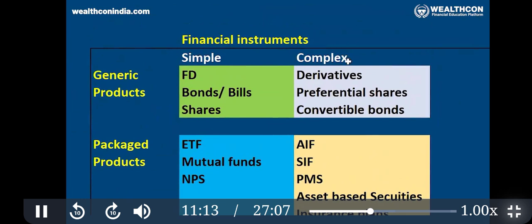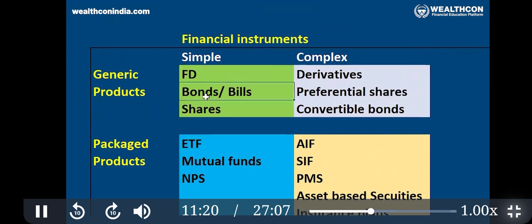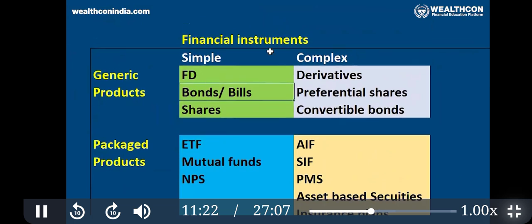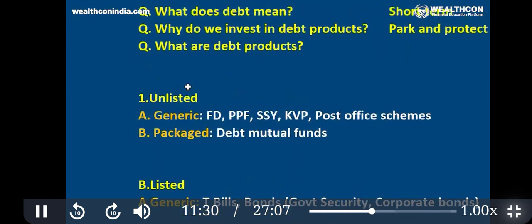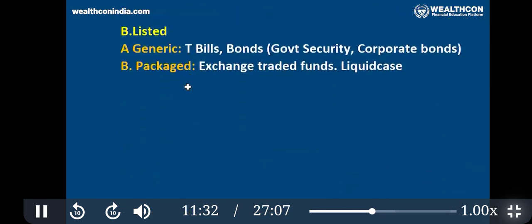We are not into complex. So here there will be two categories now: generic products, which are simple products, listed and unlisted. This is the entire classification, and we are focusing on simple products which are listed and unlisted. So these are the words used for debt products.